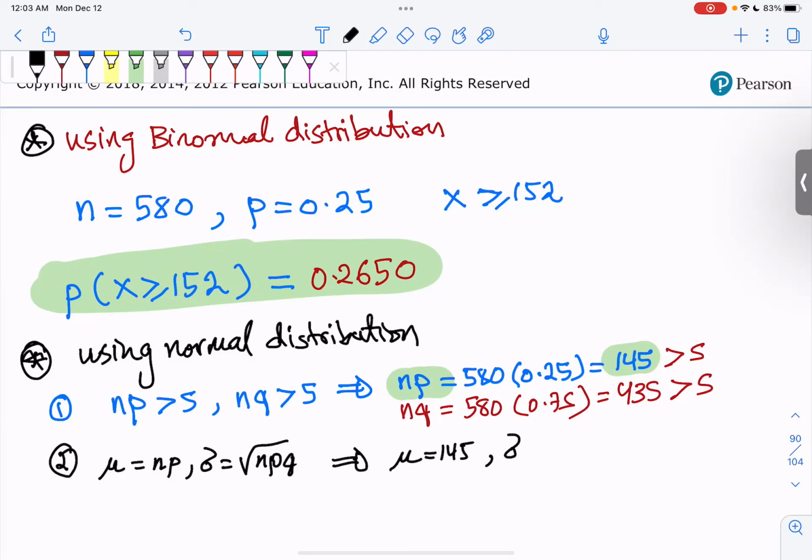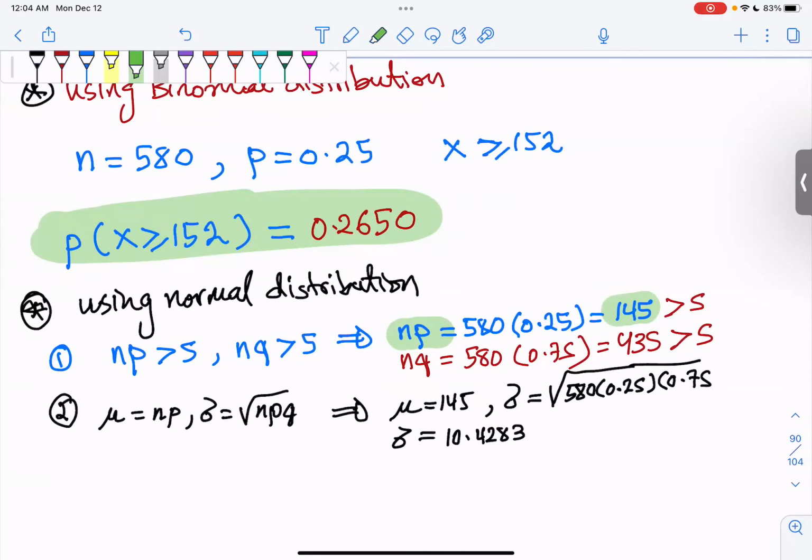And then sigma will be the square root of 580 times 0.25 times 0.75. So sigma will be equal to 10.4283. Okay?